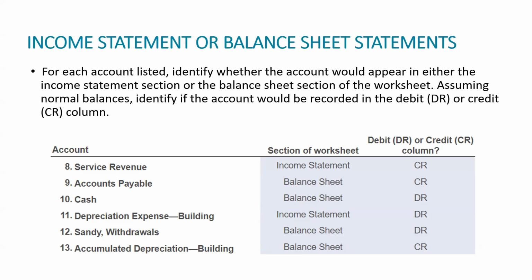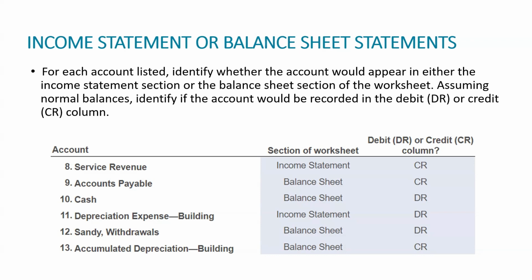So here you see you have service revenue. Of course, service revenue is included in the income statement and it shows as a credit. The accounts payable account shows up in the balance sheet, and it shows as a credit.